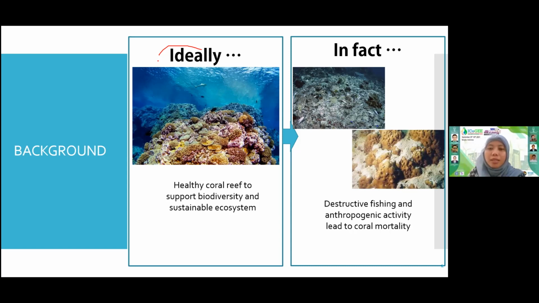But in fact, there are some anthropogenic activities that will disturb or damage the coral reef ecosystems. From the first picture, as we can see, it's the damage resulting from bombing activity. And the second picture down here is the result of sedimentation, from the high sedimentation from the land and also from the shoreline area.